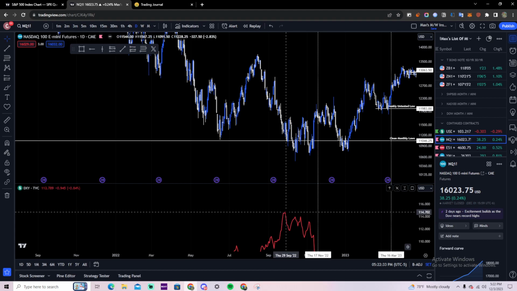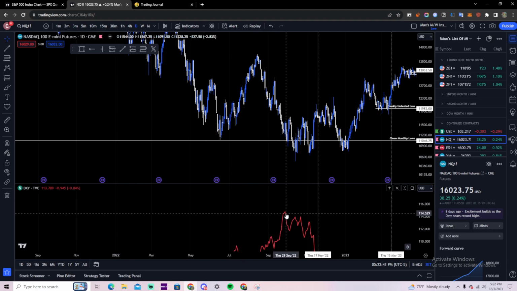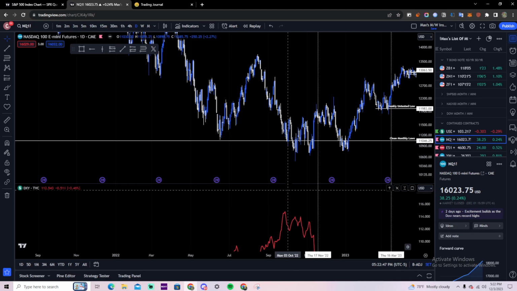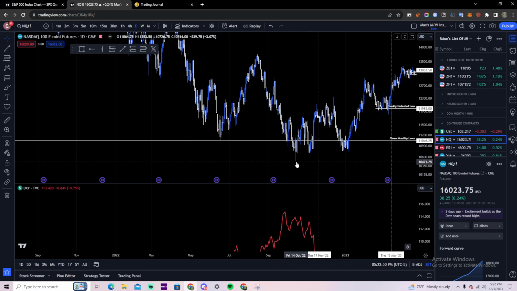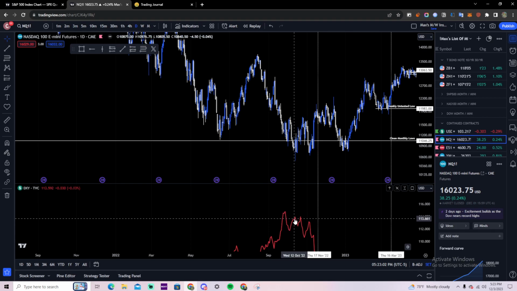Okay, here's an example. The US dollar creates a lower high, indicated by this line. We're looking at the US dollar index. So the US dollar index creates a lower high, while the S&P makes a lower low, which is indicated by this low and this low here, this high at the same time, right about here and here.